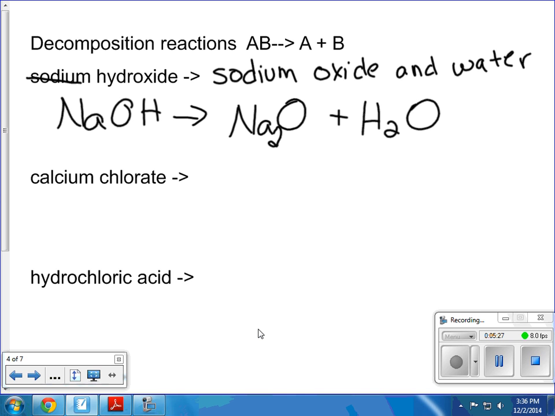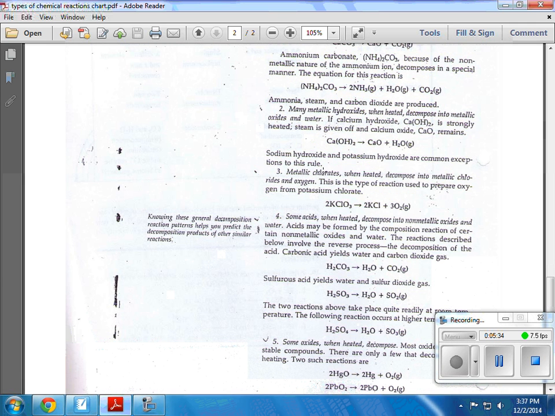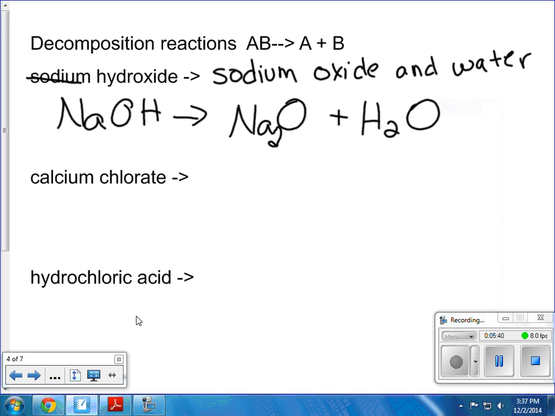All right, the next example, calcium chlorate. Well, let's go back to our chart and look for chlorates. Number 3, metallic chlorates, when heated, decompose into metallic chlorides and oxygen. Metallic chloride. So our metal here is calcium. So we would have calcium chloride and oxygen.